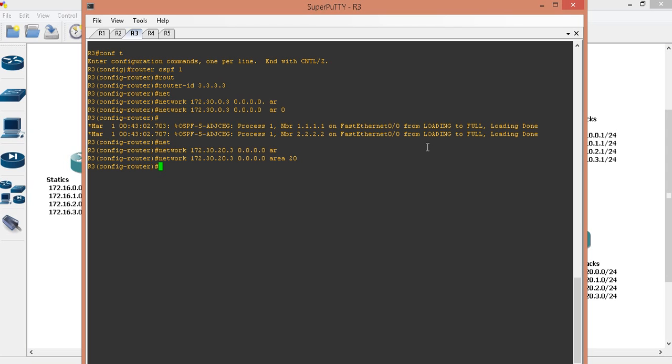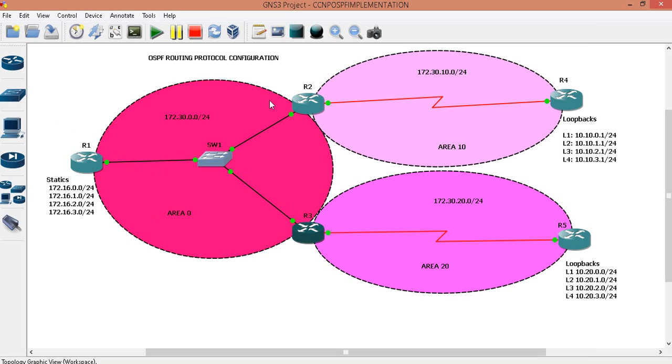From down state it goes to init state, the initial state. From init it goes to two-way state, then you have exstart state, and you have loading state, and then you have full state. So now these three routers, 1, 2, 3, have formed neighbors already.